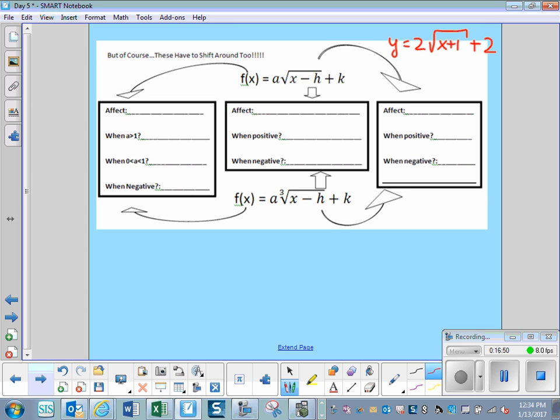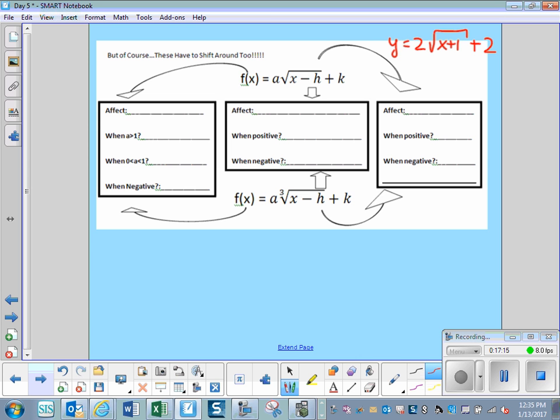What is my a here? 2. What's my h? Negative or positive? Negative 1, right? Because it's minus h, and I have plus 1. And then what's my k? Positive 2.